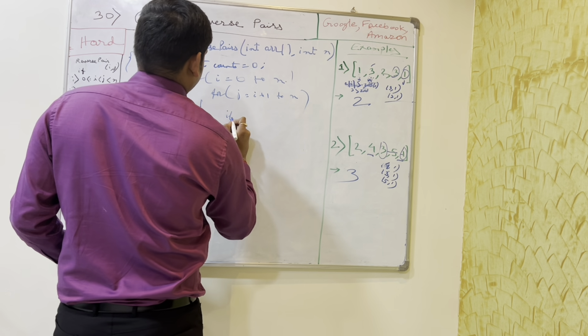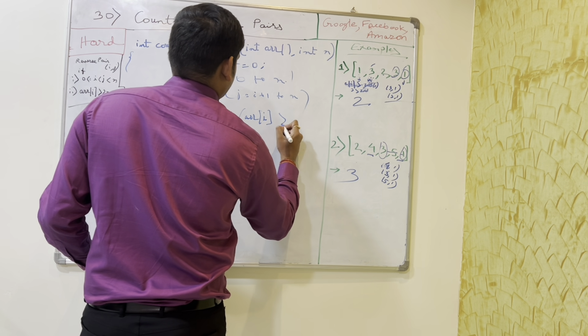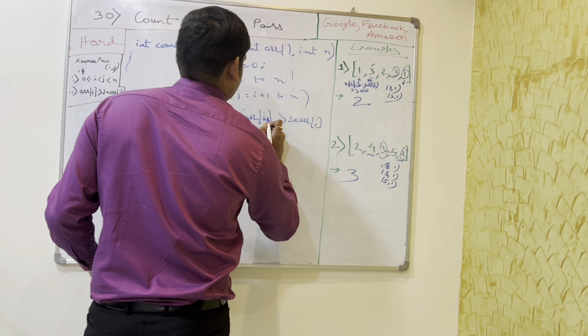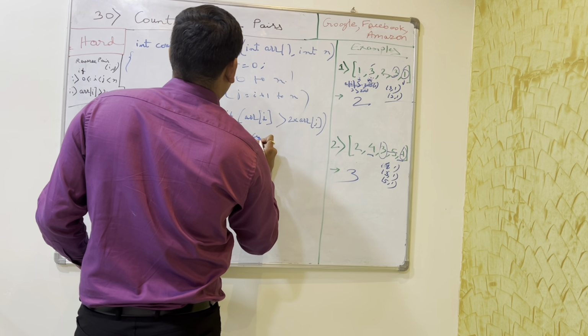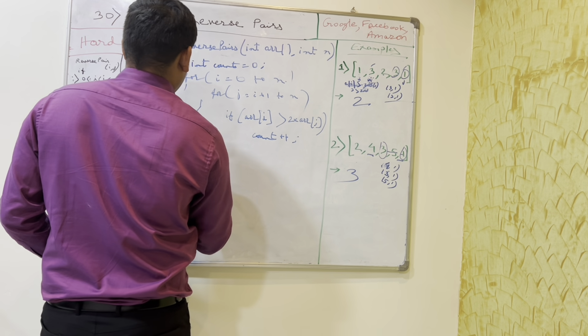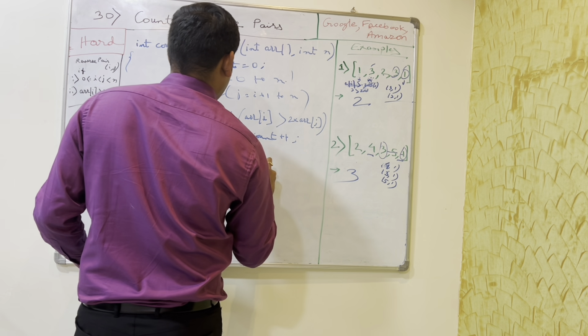So if array of i is greater than 2 into array of j, then we increment count plus plus, and we return count. It's simple.